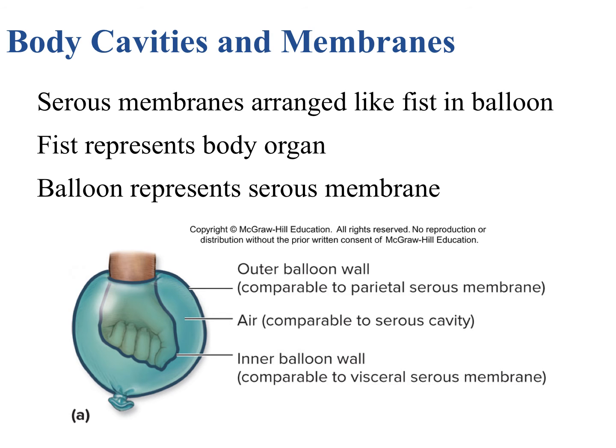That layer of latex rubber would be considered the visceral serous membrane, the visceral layer. It's right on the organ. The other layer, the outside of the balloon, separated by the fluid inside the balloon, would be considered the parietal layer. It's on the outside. And then the water within the balloon itself would be considered what? Serous fluid. Does that make sense?